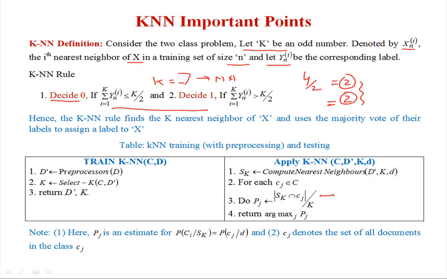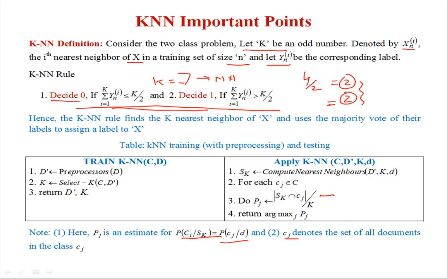Actually argmax over j is calculated using the same technique, and we decide whether that document will be part of the given class c_j or not. Here p_j is estimated as p_j equal to c_i by k, and this is equal to c_j divided by d, and c_j denotes the set of all documents in the class.